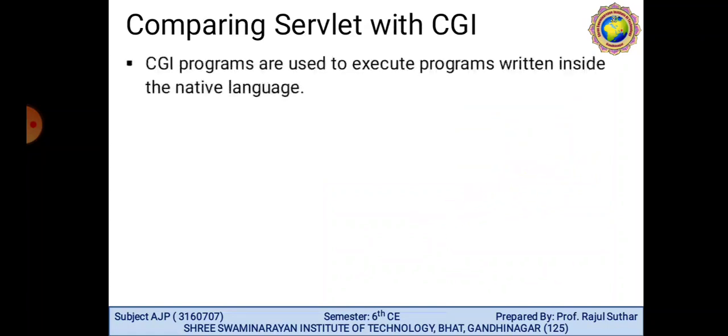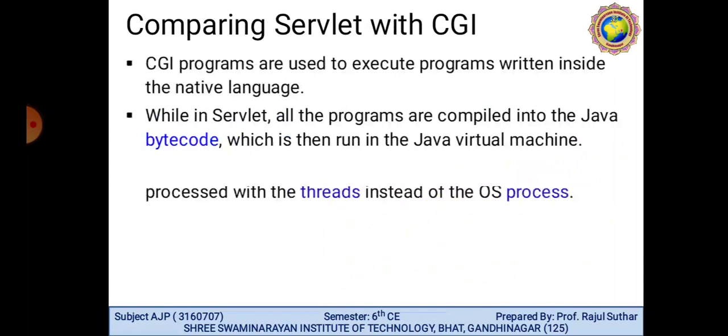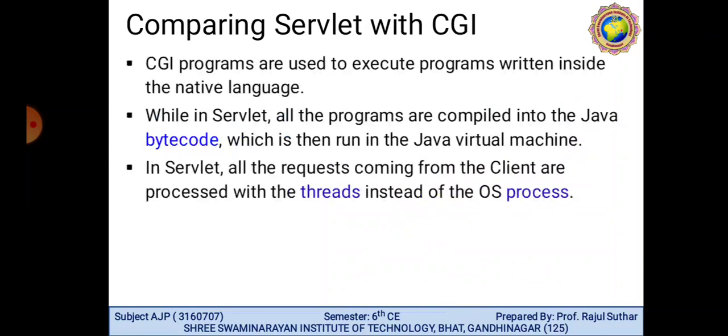So what is the main comparison with Servlet? CGI programs are used to execute programs written in a native language, while in Servlet, all the programs are compiled into Java bytecode, which runs in the JVM, that is Java Virtual Machine. In the Servlet, all the requests coming from clients are processed with threads. We are all familiar with the OS thread. A thread is a lightweight process.